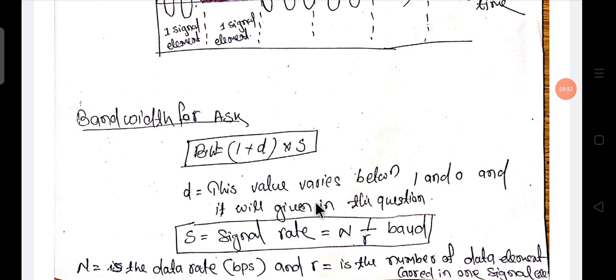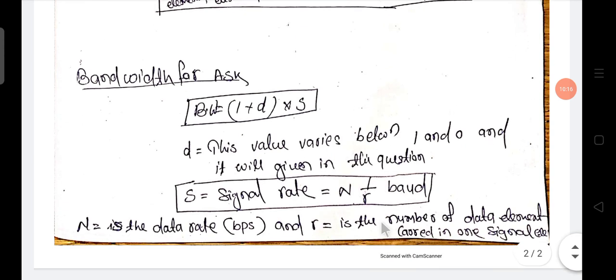This value will be given to you in your problem or question. And S is the signal rate, equal to n × 1/r baud. I told you the unit of signal rate is baud.